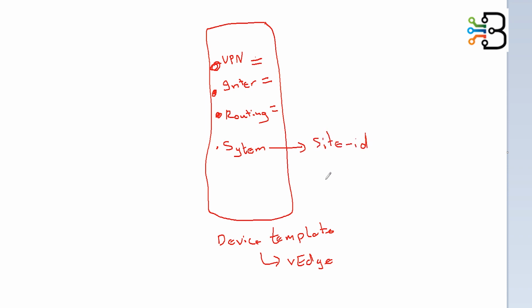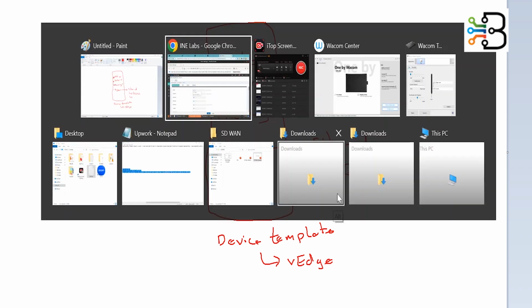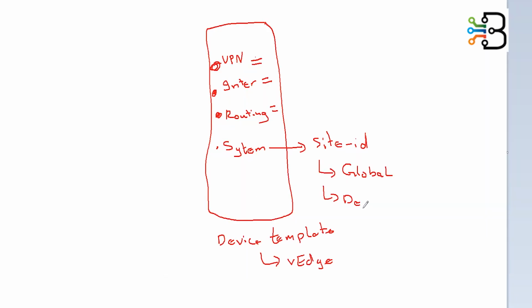And in this system template, I have site ID. There are two options to configure the site ID in the feature template. One is I configure it as global, and the other is device specific.